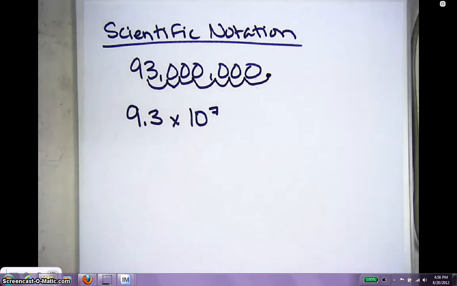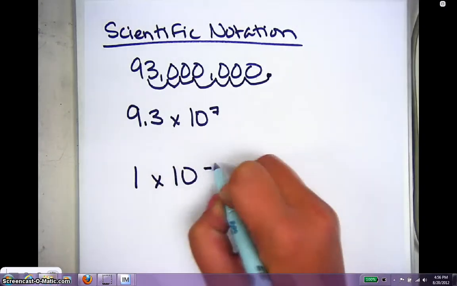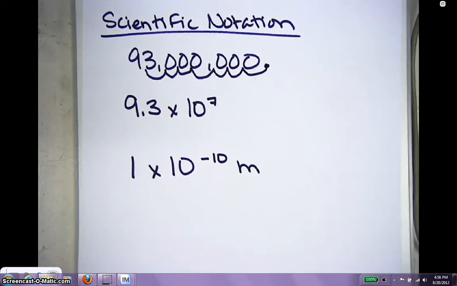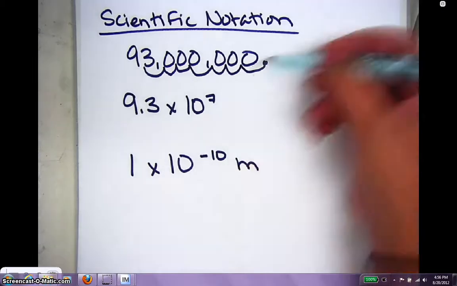Okay. Now we can also use an example of where we have a really, extremely tiny number and we want to write it in scientific notation. So the size of an atom is 1 angstrom, which is 1 times 10 to the negative 10th meters. Okay. So if I wanted to look at this number in its decimal form instead of its scientific notation form, I would do the opposite as I did up here.